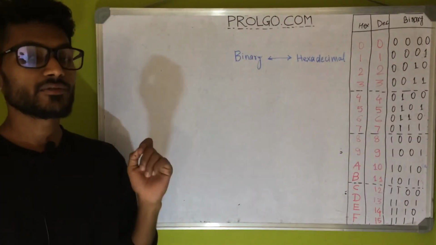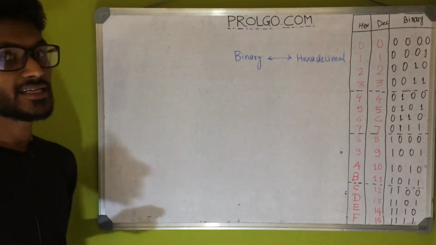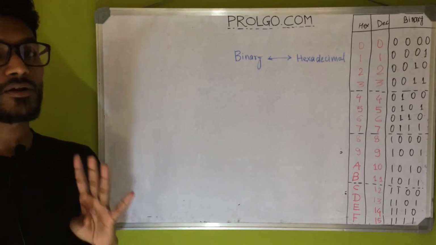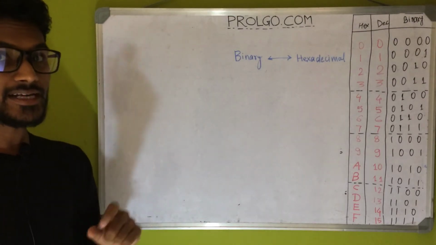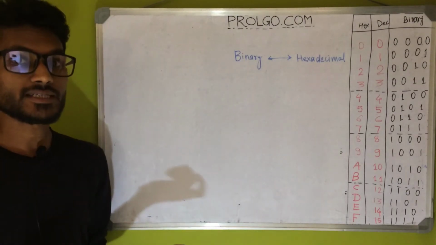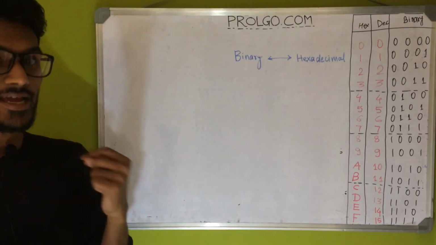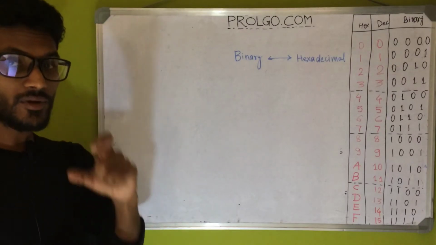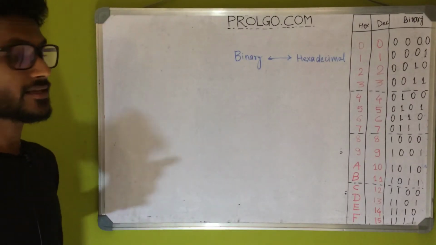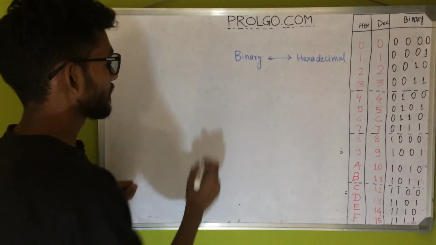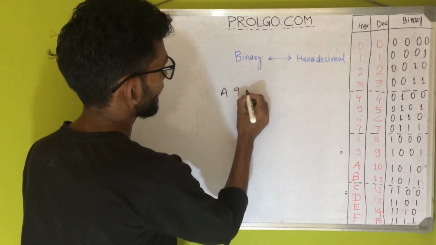As you know, to convert any number from binary to hexadecimal, we were taking a set of 4 bits in binary as 1 digit in hexadecimal. So just reverse it. If we have 1 digit in hexadecimal, we will write that 1 digit as 4 bits in binary. That's all. Now let's take one example, A98.